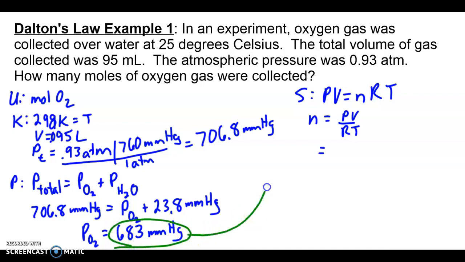And plug in this as our pressure. That's the most important part. You have to know to subtract out that vapor pressure of the water.